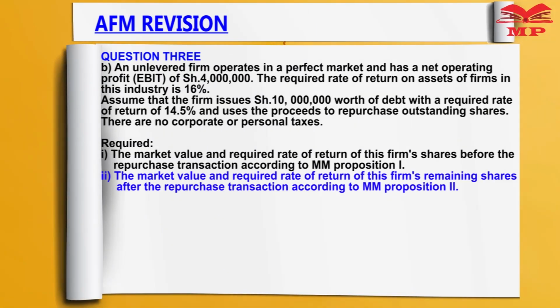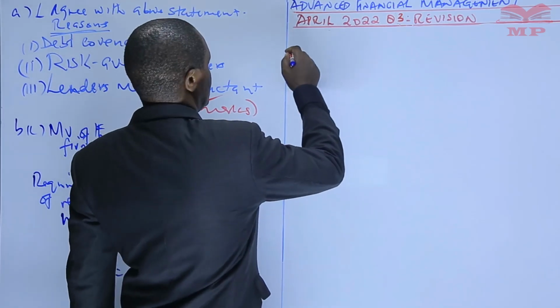Now moving on to part 2 of the question: the market value and required rate of return of this firm's remaining shares after the repurchase transaction, according to MM proposition 2. So this is Roman 2.